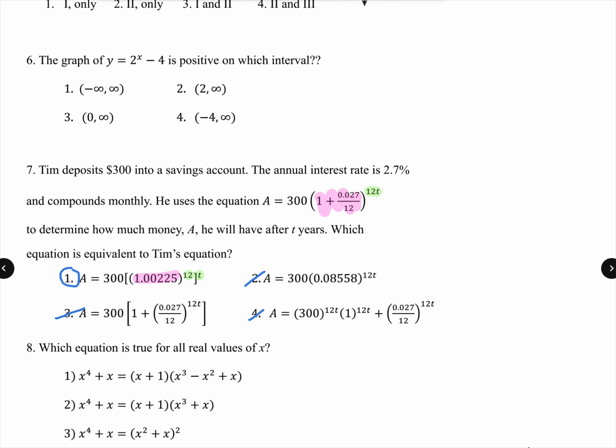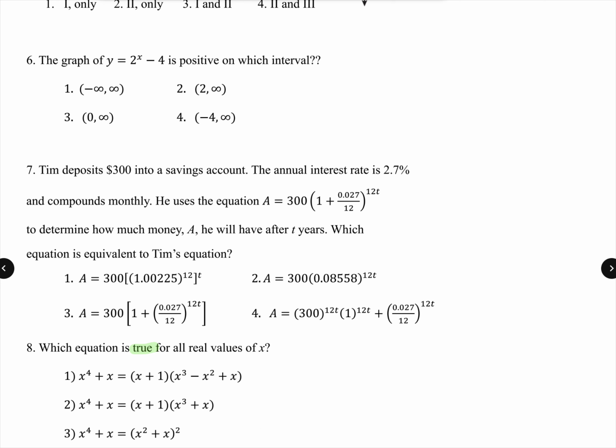And then number 8, my screen kind of got cut off on this one, but it's asking which equation is true for all real values of x. I'm not going to go through this one. I just know if it's true, that means both sides of my equal sign have to be the same. So all of these are x to the power 4 plus x. What am I going to do?